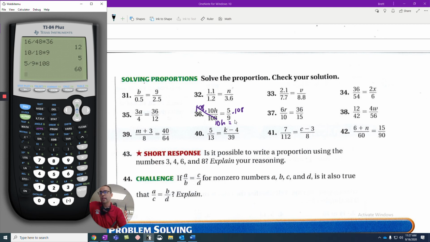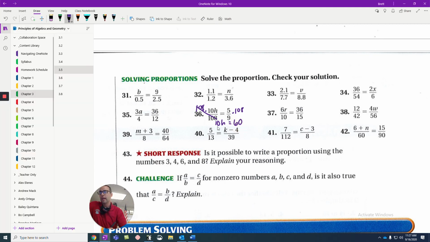So we're going to say that 10H equals 60. And instead of being done, we have to look at how do we separate this 10 from the H. Well, since 10 is multiplied by H, I divide by 10. And that will give me that H will equal 6. So a little bit of work to do at the very end to make sure H is completely alone, but otherwise it's the same approach the whole way through when we solve those.